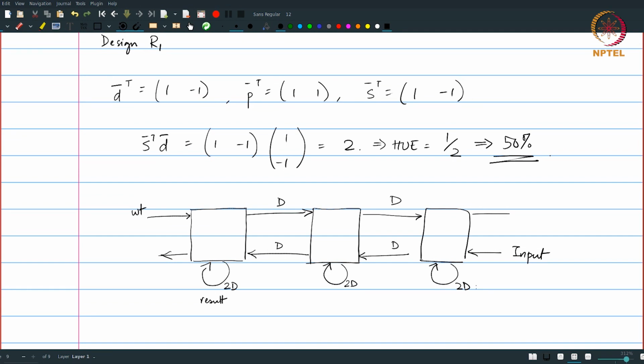Why is this kind of an architecture useful or interesting? Effectively, the important point over here is that if I design this unit over here as a VLSI block, I find that all connectivity between blocks, all the edges have registers on them or delay elements.